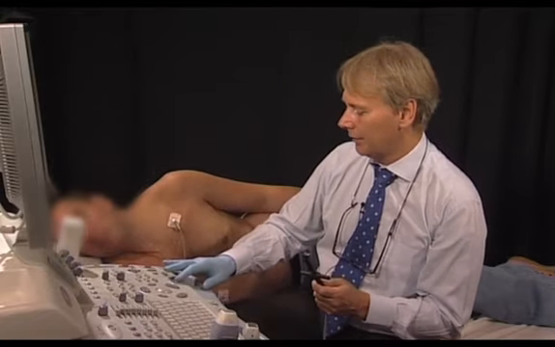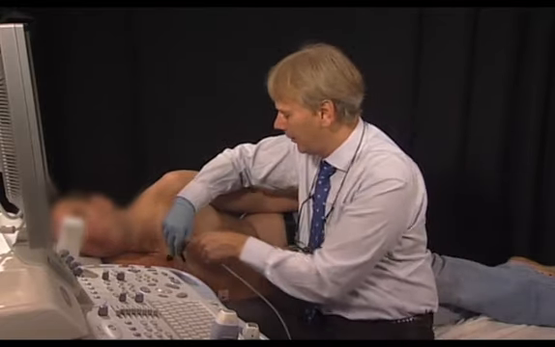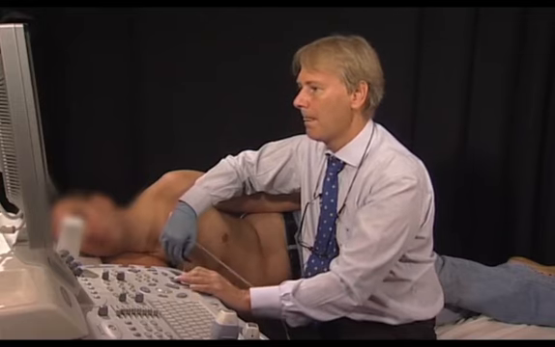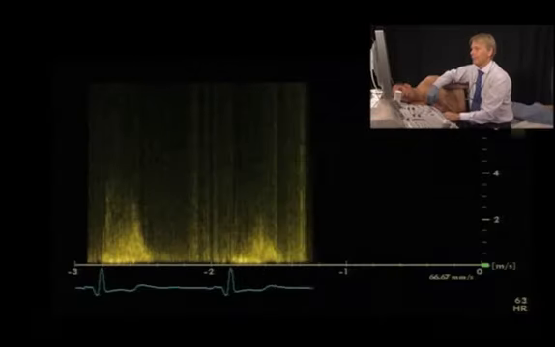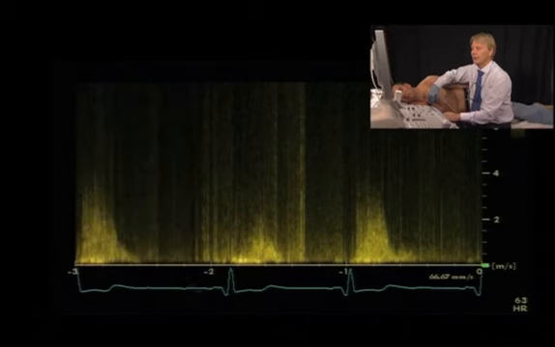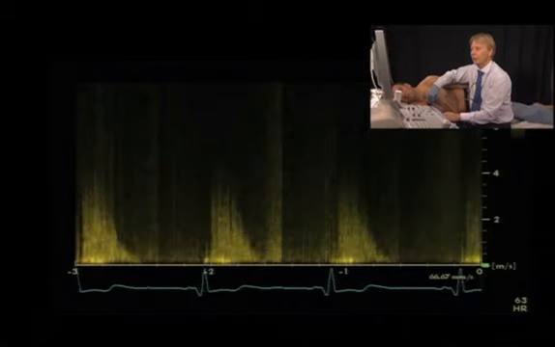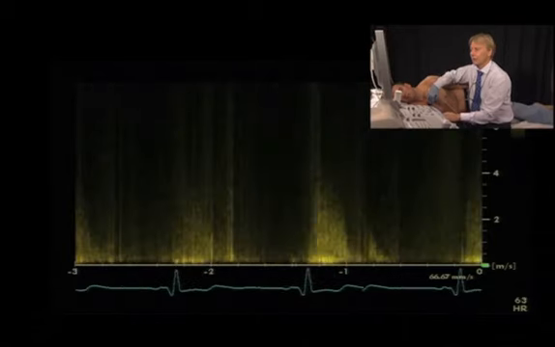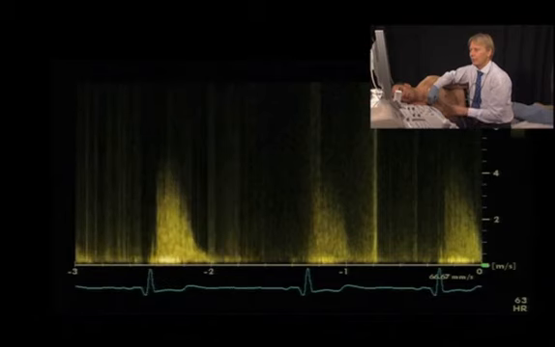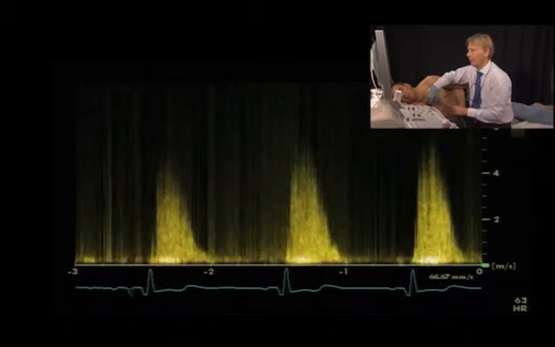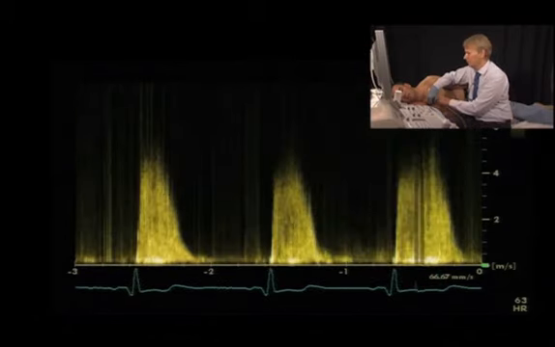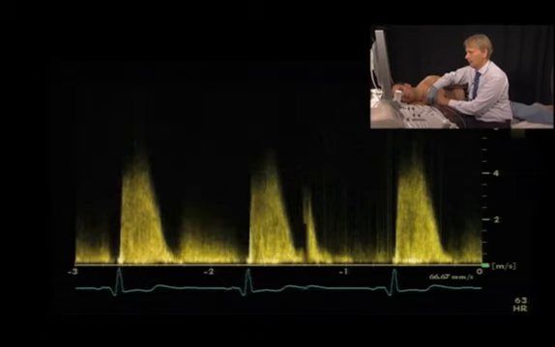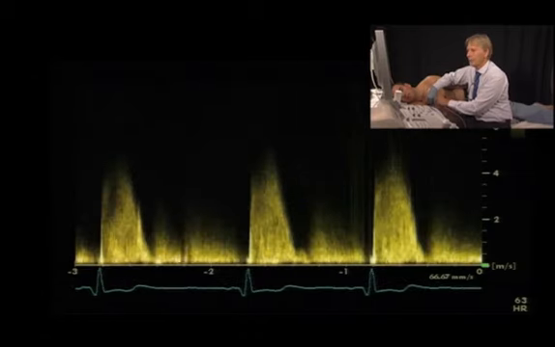So we'll start with the position where we're located in the third intercostal space. So in here we see a signal which is the aortic valve, but not in a very good quality. So I will now tilt the transducer more cranial, and the signal improves.